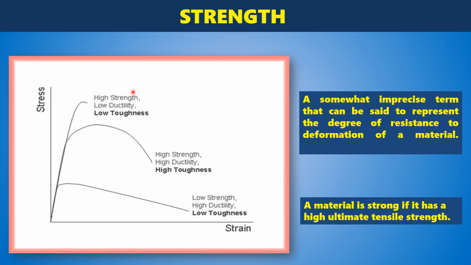Curve A has the highest ultimate tensile strength, that's why it has high strength, but it's brittle. Why? Because the material has a smaller deformation before failure, while material B has a larger deformation before failure. That's why it's a ductile material. And material B is tougher than material A because the area under the curve for material B is larger than the area under the curve for material A.